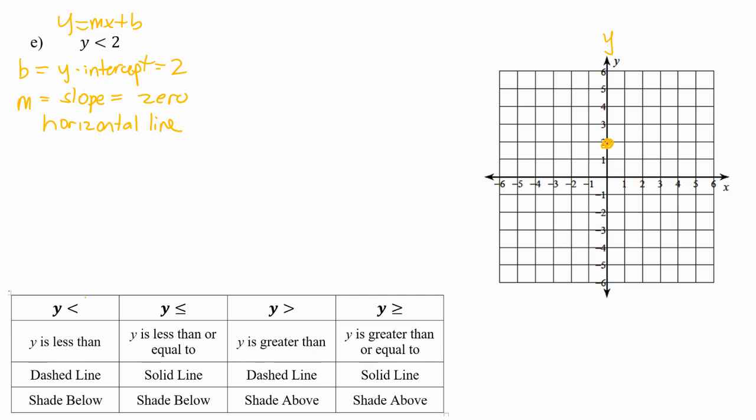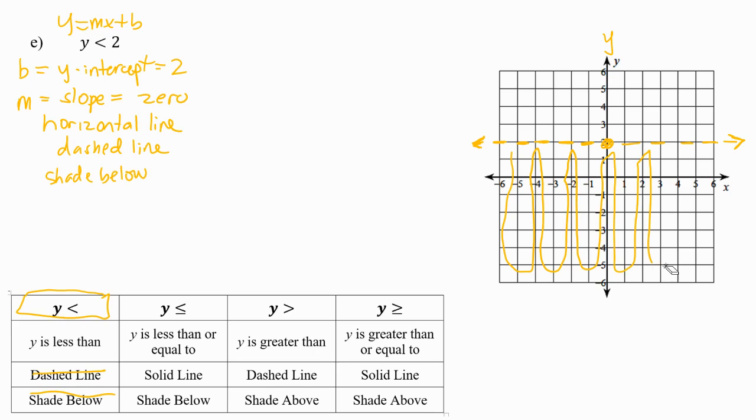Okay, and it looks like we're looking at this scenario right here. It's going to be a dashed line. And we're going to shade below. So if you think about it, the inequality is telling you that y is less than 2. So y value is less than 2 would be 1, 0, and anything negative, which is located below.